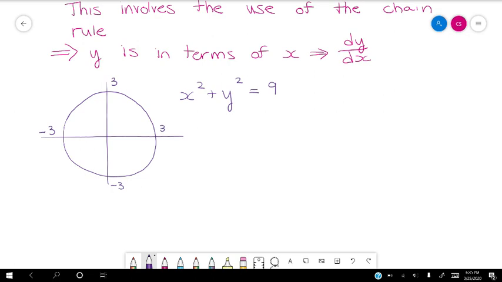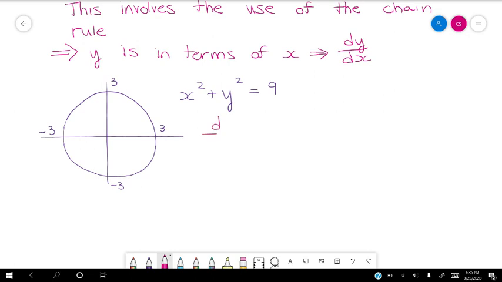Okay, and we're going to want to find the derivative. We're going to do this by implicit differentiation, because notice we have our y's mixed in with our x's, okay? And there's no one equation for y that would give us a circle. We can do it in 2 equations, but we can't do it in 1 equation. So that's why we're going to do implicit differentiation. There's no one explicit equation for y.